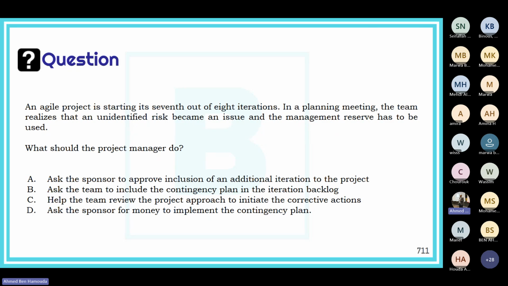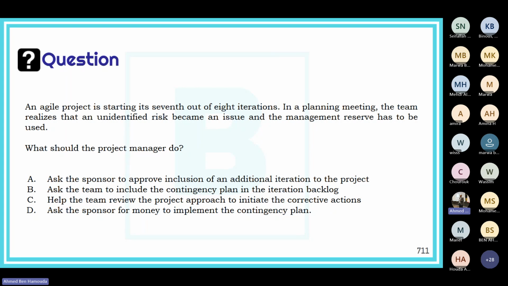All right, let's have one more question. An agile project is starting its seventh out of 8 iterations. In a planning meeting, the team realizes that an unidentified risk became an issue and the management reserve has to be used. What should the project manager do?